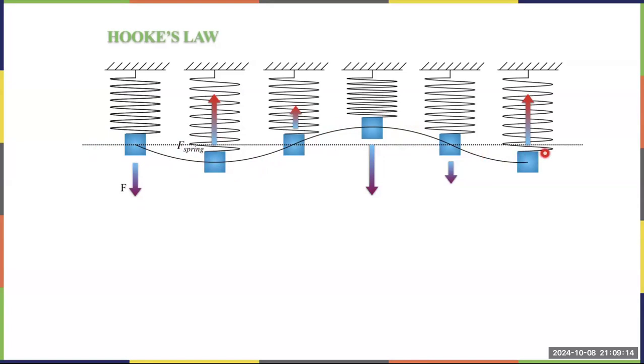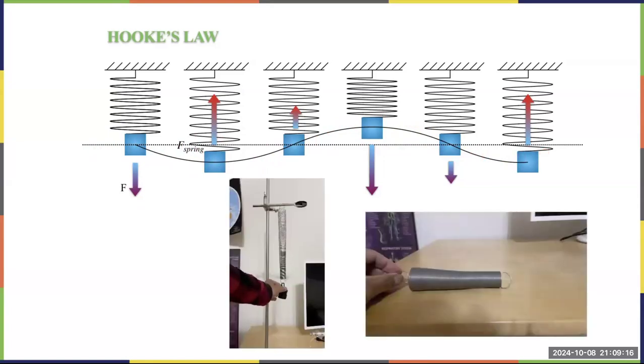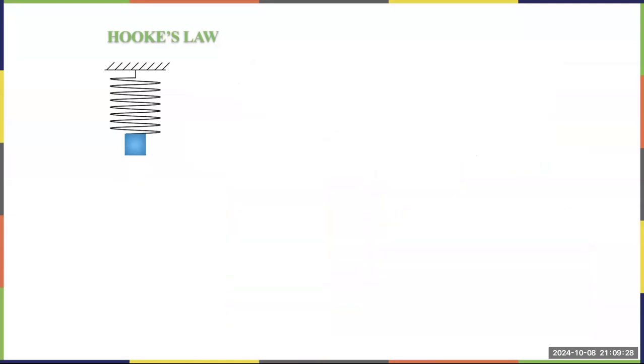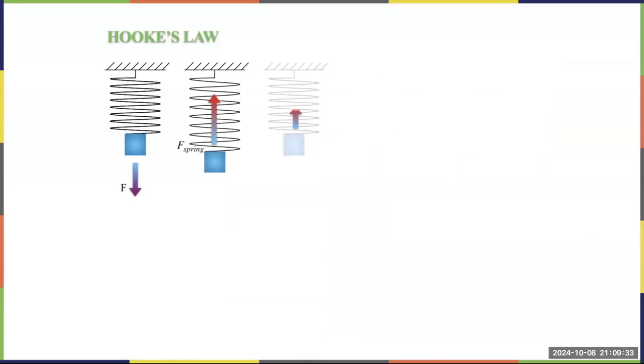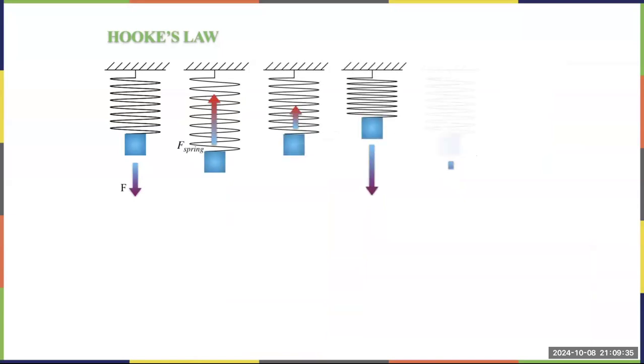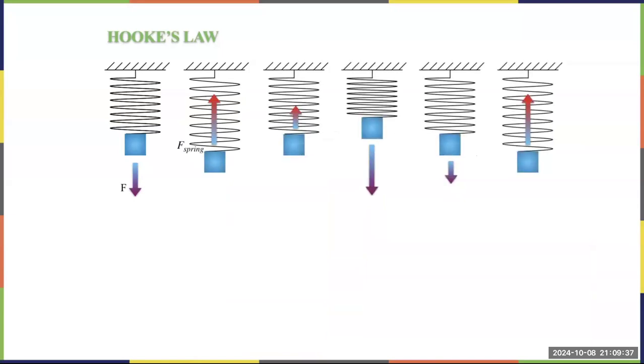For example, I have this spring here, and I let it go. It oscillates. Because it was responding slowly and I was not able to show you the video, I'm redoing it again, one more time.